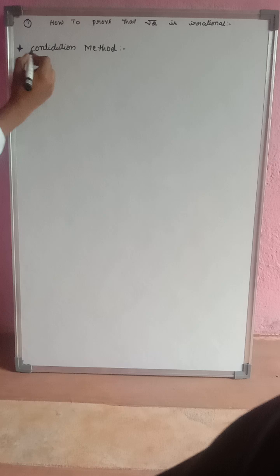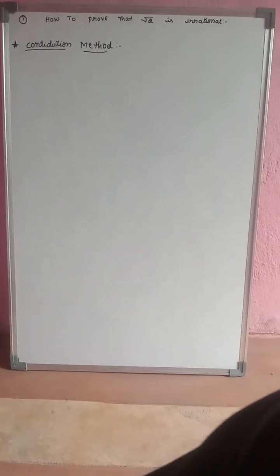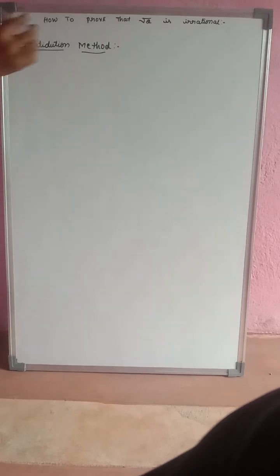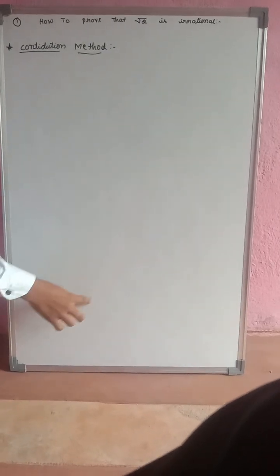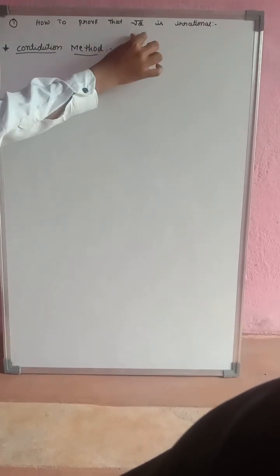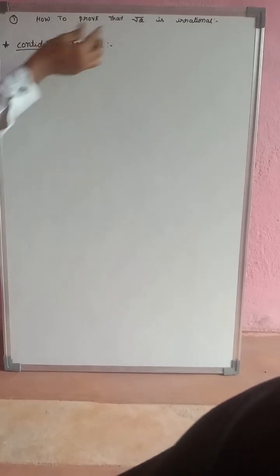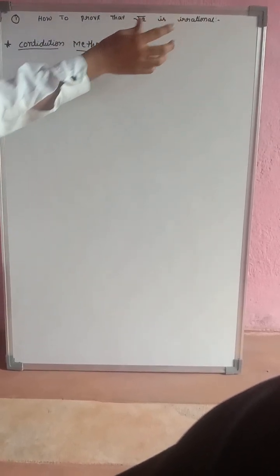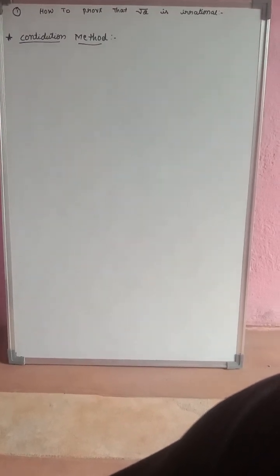At first we will learn the meaning of the contradiction method. Contradiction method means first we assume that the square root of 2 is a rational number, and next by simplifying with some formulas and tricks we prove that the square root of 2 is irrational. Or we prove that our first assumption, that the square root of 2 is a rational number, is a wrong assumption.